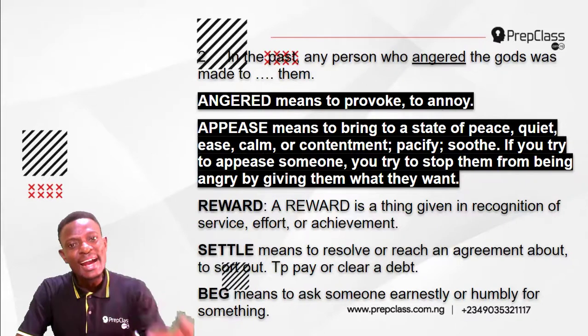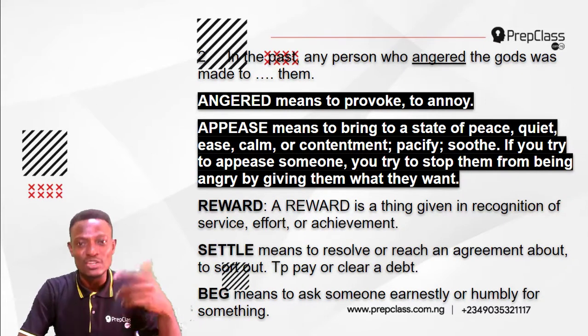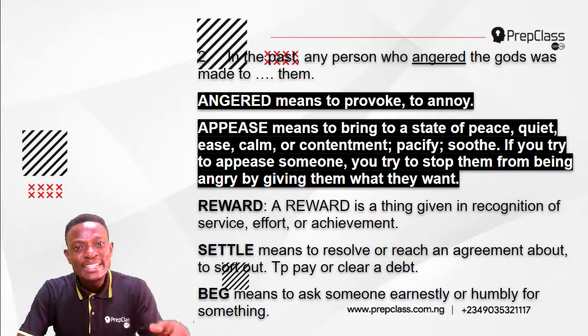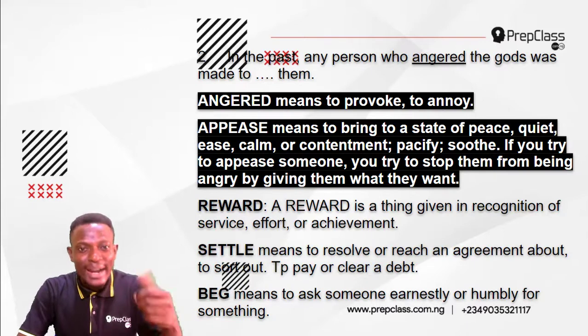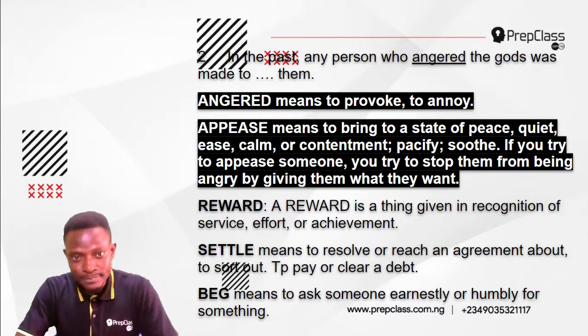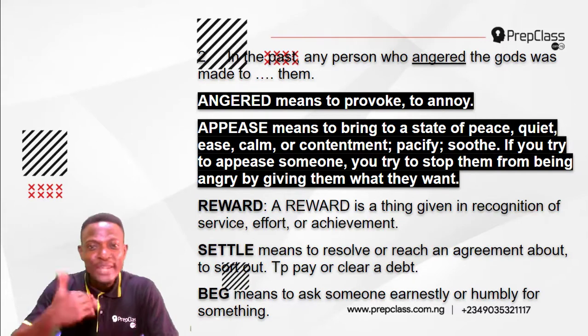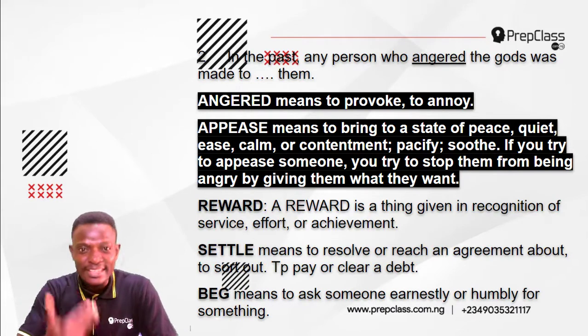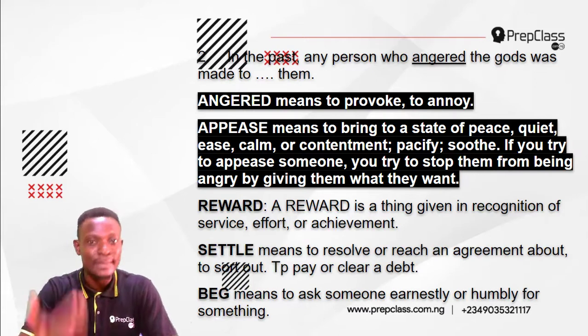Now, angered means to provoke, to annoy. So in the past, any person who annoyed, any person who provoked the gods was made to dash them. The most nearly opposite in meaning to angered is option A, appease. Appease means to bring to a state of peace, a state of calm or contentment.